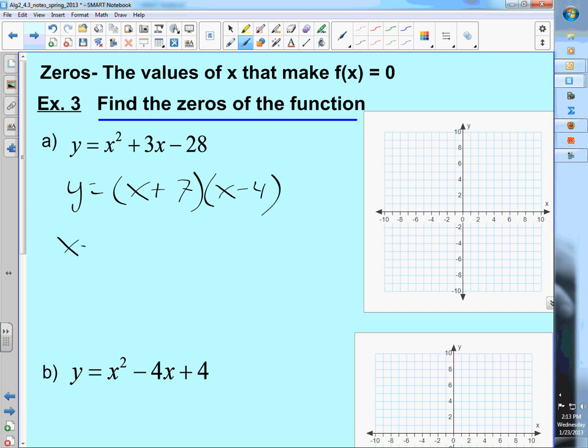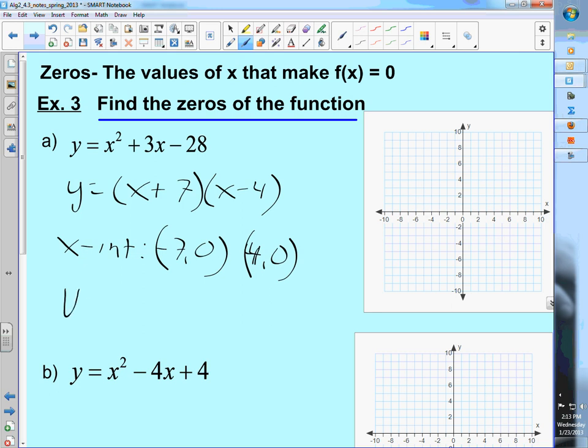So your x-intercepts, or your roots, are going to be at negative 7, 0, and 4, 0. All right? If you add those together, negative 7 and positive 4, you're going to get negative 3 divided by 2. That will give you where the x coordinate is going to be.